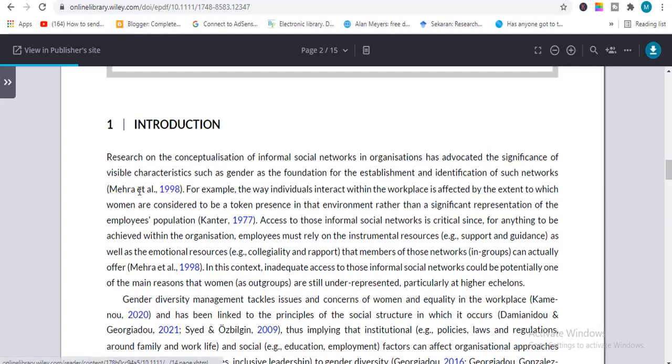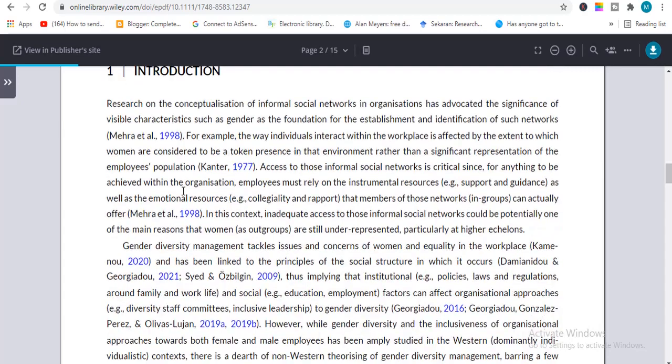At the end of a sentence, it will be like this: bracket, author name, year, comma, year, bracket close. You will see some references at the start of the sentence and some at the end of the sentence. So this is one example of how you can start your introduction.